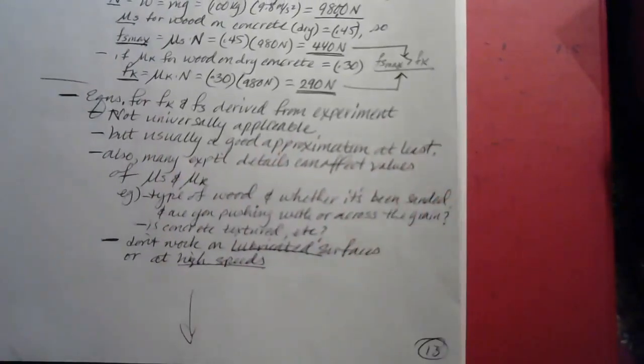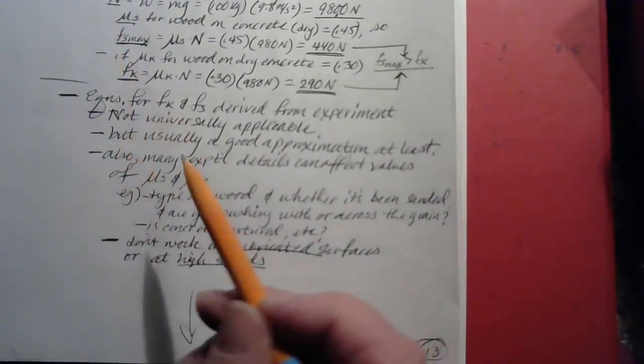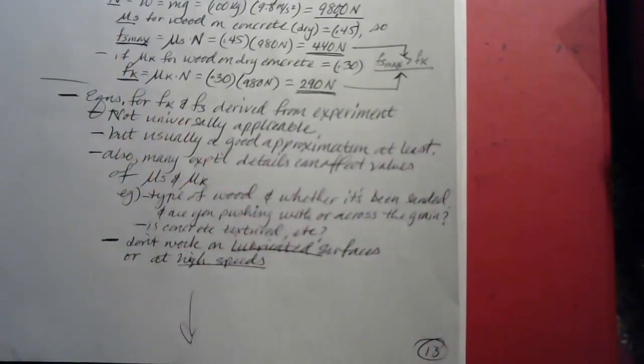Okay, we're back. And what I was just about to get to was the caveat, that is the catch. We've been using these equations for static and kinetic friction, and it should just be noted that these equations are empirical. What that means is derived from experiment rather than from theory.